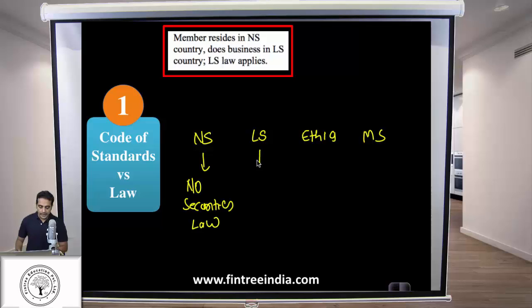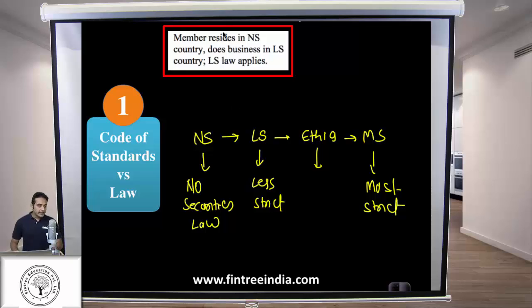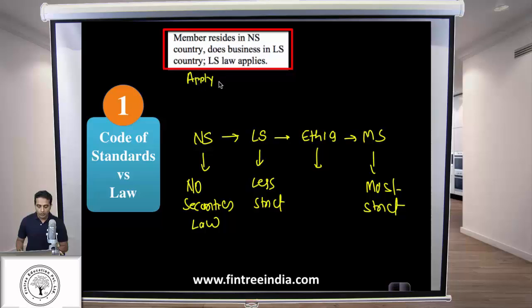LS would mean less strict. Then ethics, and then MS would mean most strict. So you have to remember this sequence. Now, in each scenario, we will have to take two decisions. One, we will have to decide what is applicable, and second, we will have to decide what should be followed.